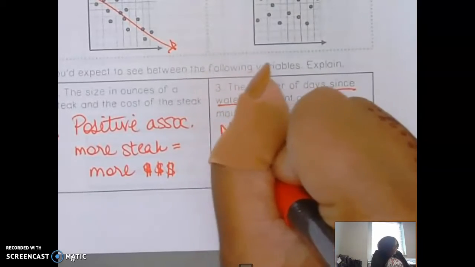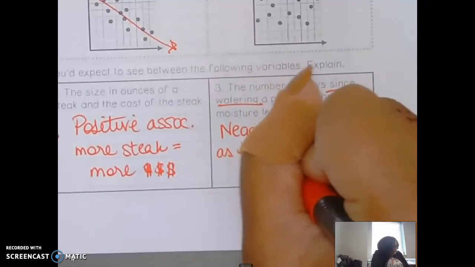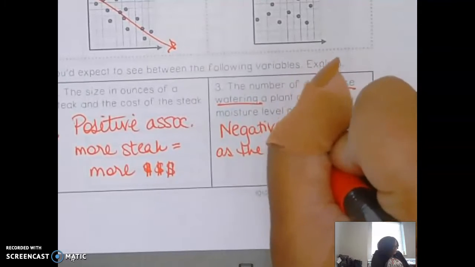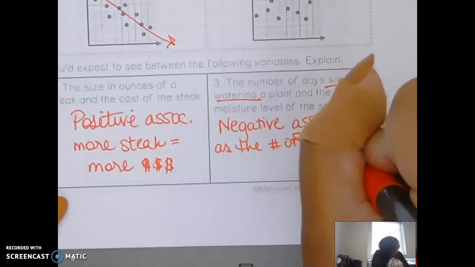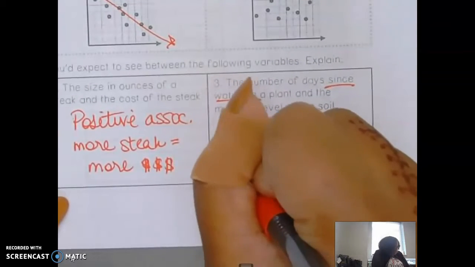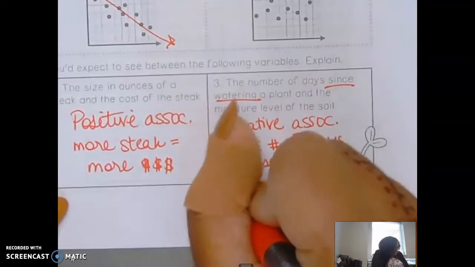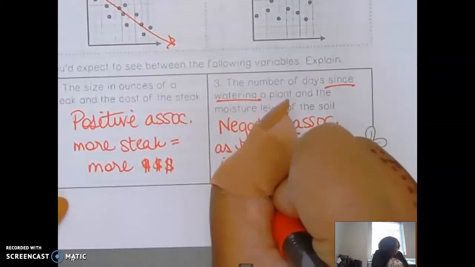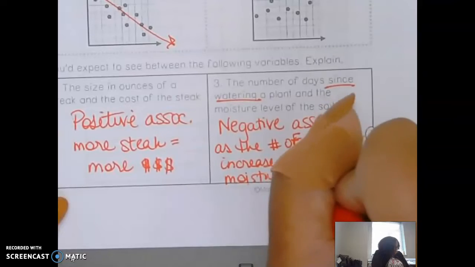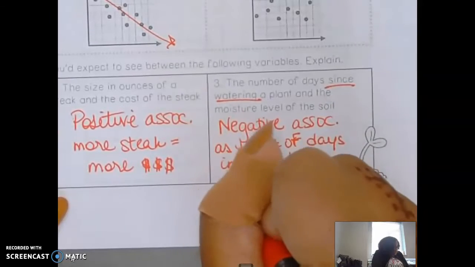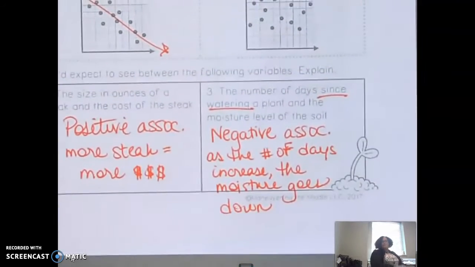As the days increase from watering your plant, the moisture goes down. Okay? That plant gets dry. Okay? As the number of days without watering increase, the moisture goes down.